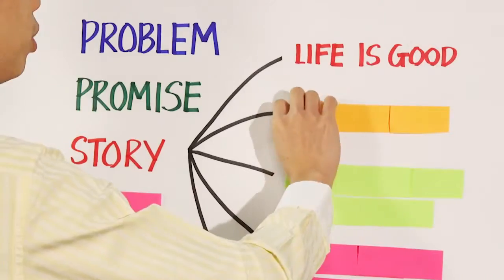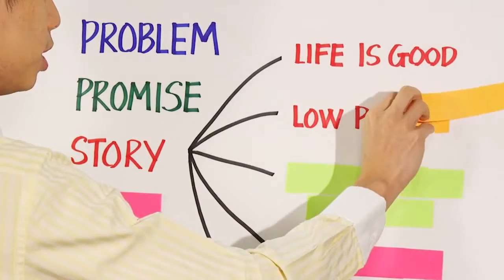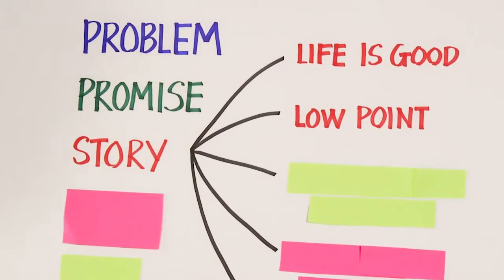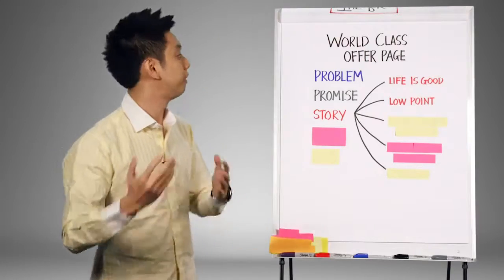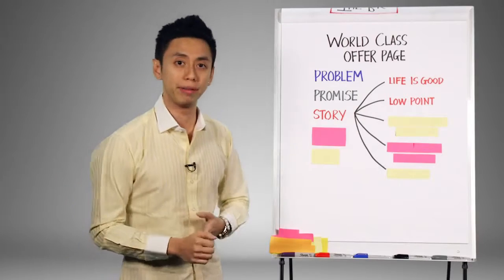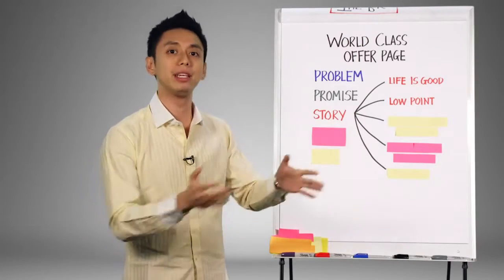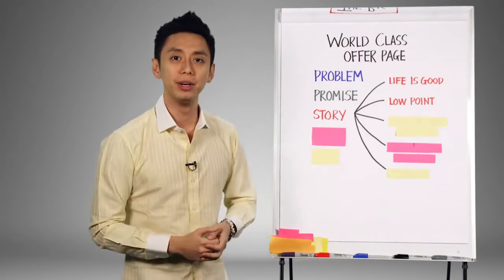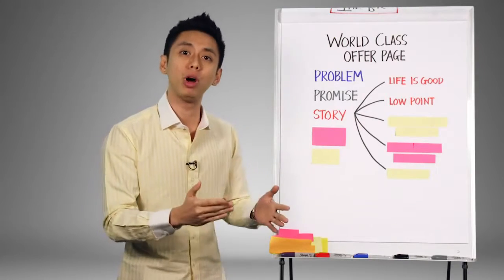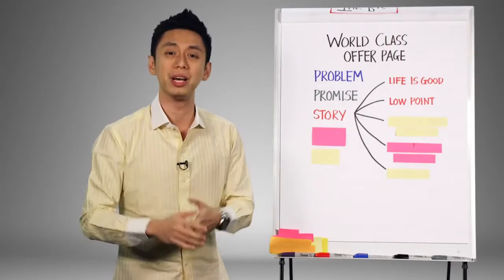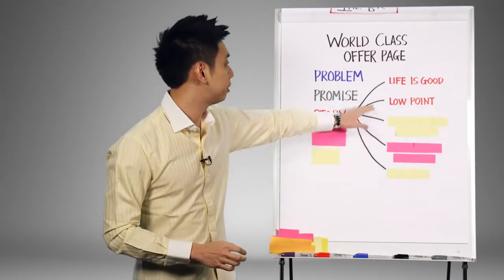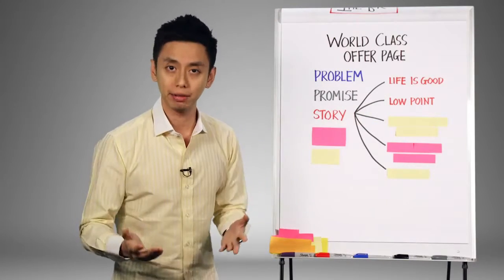And you want to share with your audience a problem or a low point in your life that you faced. So for me, it was when I was in school, I didn't get good grades in college, and finally I managed to get my first job, right? And my first job paid me $300 to $400 a month. And that was one of the 2 lowest points in my life.